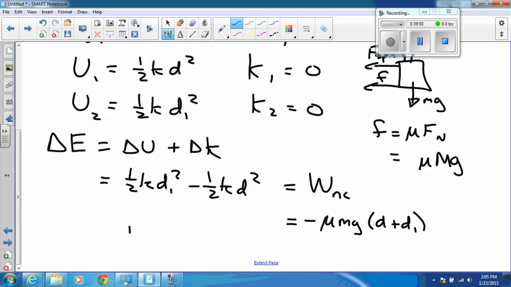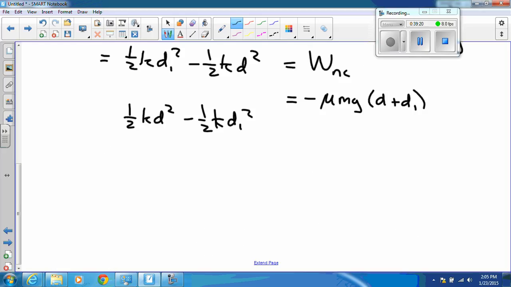I'll divide both sides by -1, and when I divide both sides by -1, that makes this term positive and this term negative. Everybody see what I did there? And I divide both sides by mg. And I divide both sides by d plus d1. And there's my expression for mu.